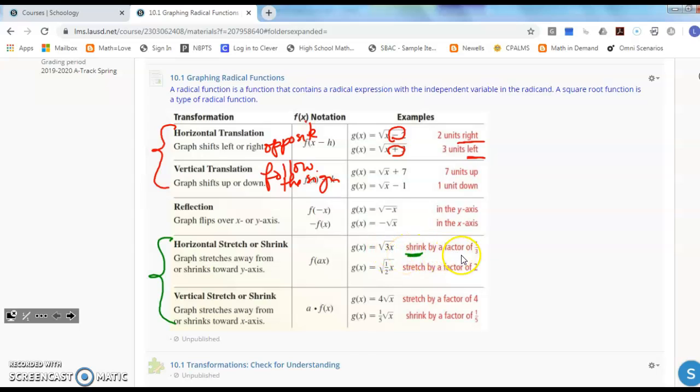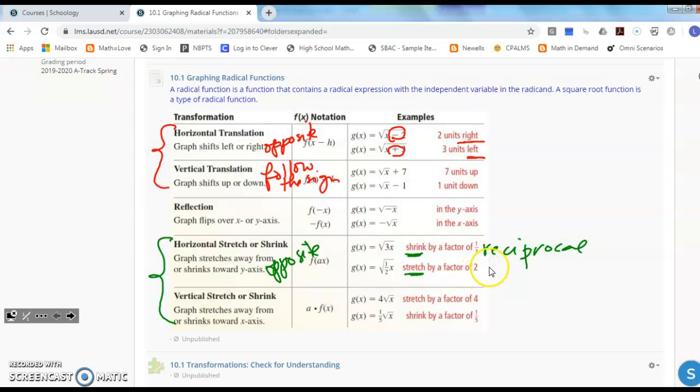And since you're shrinking it, the factor of stretch or shrink is the reciprocal. So the reciprocal of 3 or 3 over 1 is actually 1/3. So the effect here is also opposite. If you're multiplying it by 1/2, you're stretching it, so get the reciprocal of 1/2, and your stretch factor is actually 2. Does that make sense?